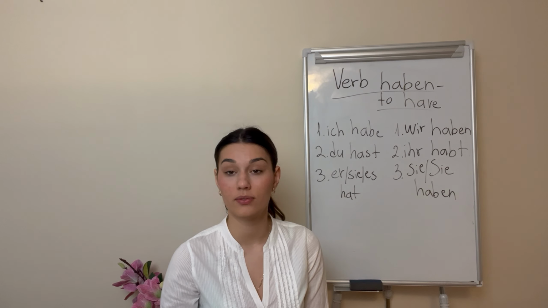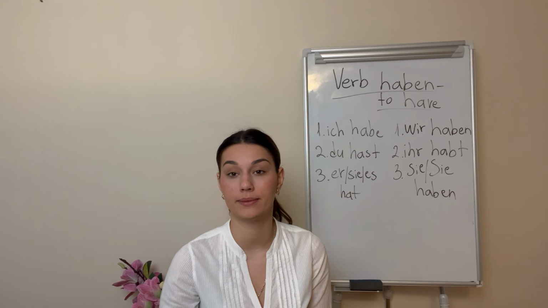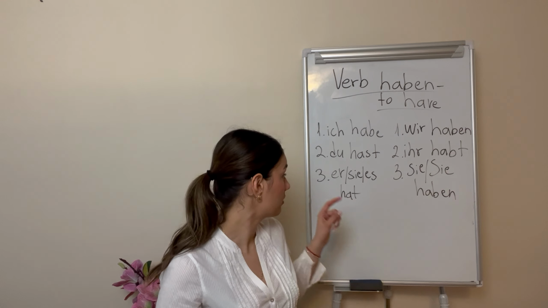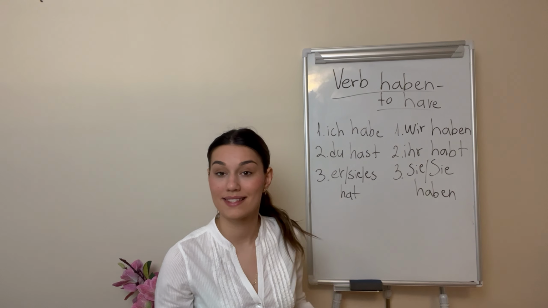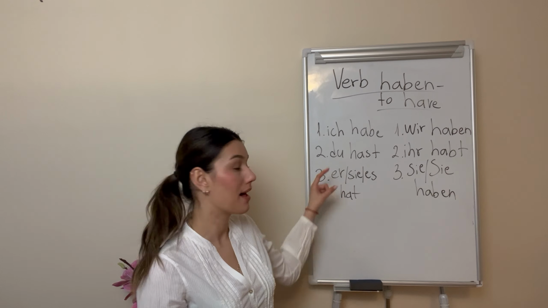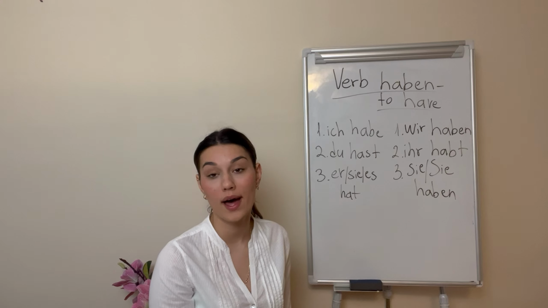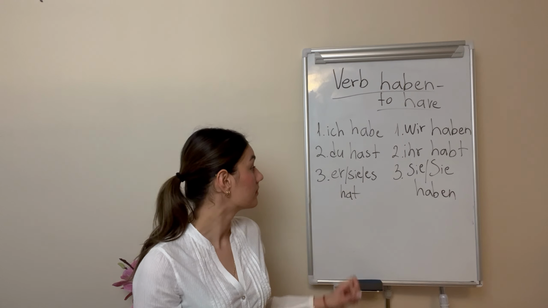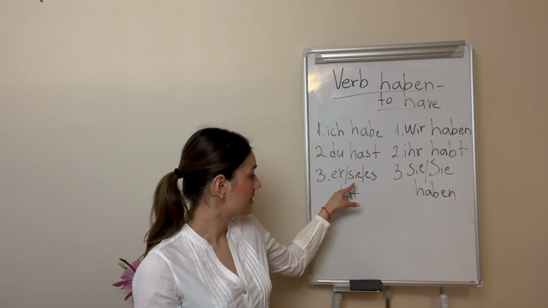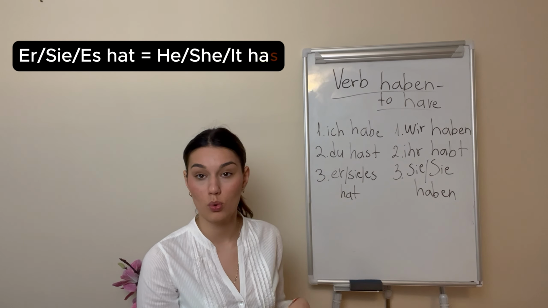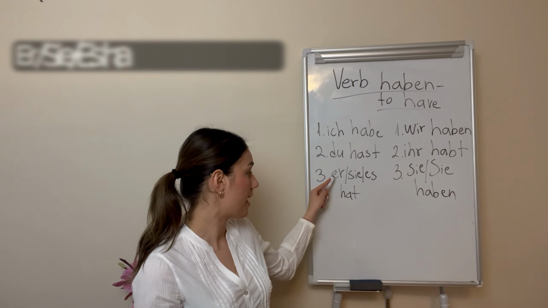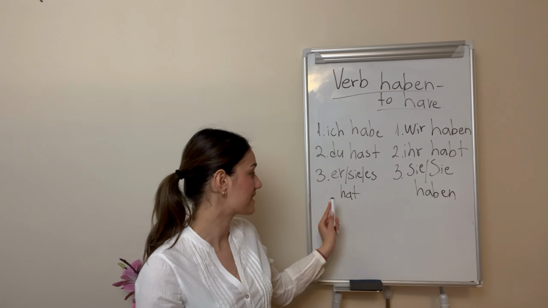The next one. Du hast. You have. Third person. Er, sie, es hat. So it will be the same for er hat, sie hat, or es hat.